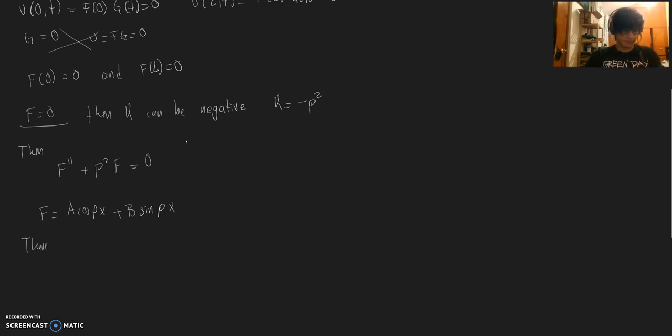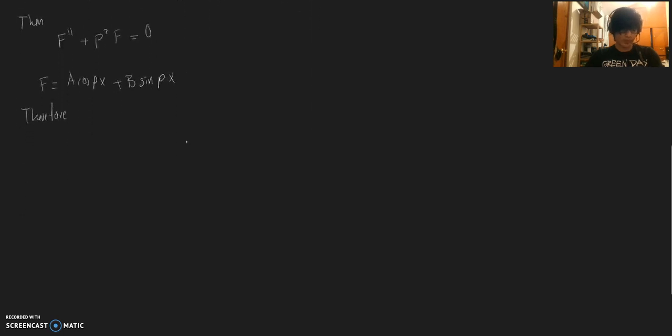Therefore, f evaluated at 0 is equal to a, which is also equal to 0, as we need this result to be equal to 0. And f evaluated at L will be equal to b sine of p L, which will also be equal to 0.